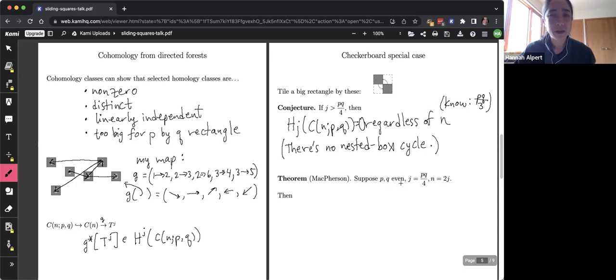P and Q are even. Our rectangle is even number by even number. J is the number of 2x2 boxes that we've tiled with. And N is 2 times J. We have 2 pieces in each little box. Then we want to estimate the dimension of homology.